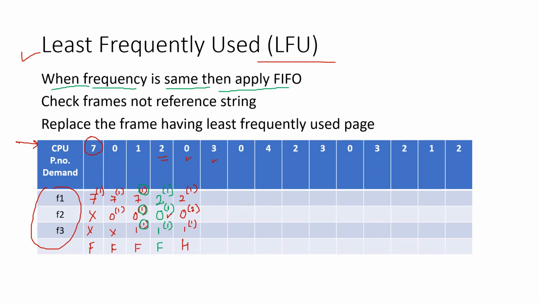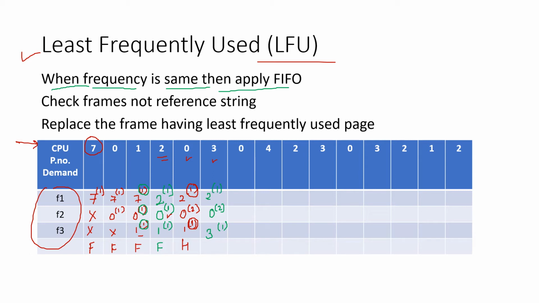The frequency of 2 is 1 and the frequency of 1 is also 1. Whether 2 has entered first or 1 has entered first, 1 has entered first, so we will replace this 1 by 3. We'll write 3, entering the first time, and 0 will have 2 and 2 will have 1.